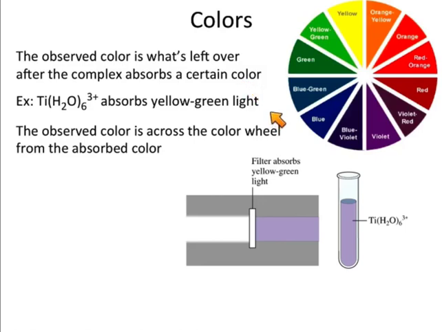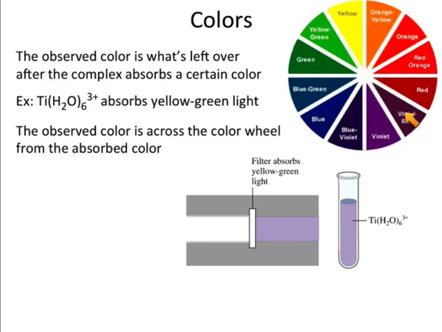So hexaaquatitanium-3 absorbs yellow-green light, somewhere in the yellow-green, and hey, look, that's right here. And when this light's absorbed, well, then the rest of the light passes through it or reflects off it. But in the case of a solution, it's going to pass through it. And so when your eyes see all of the other colors except for yellow-green, then your eyeballs treat that like it's red, violet red.